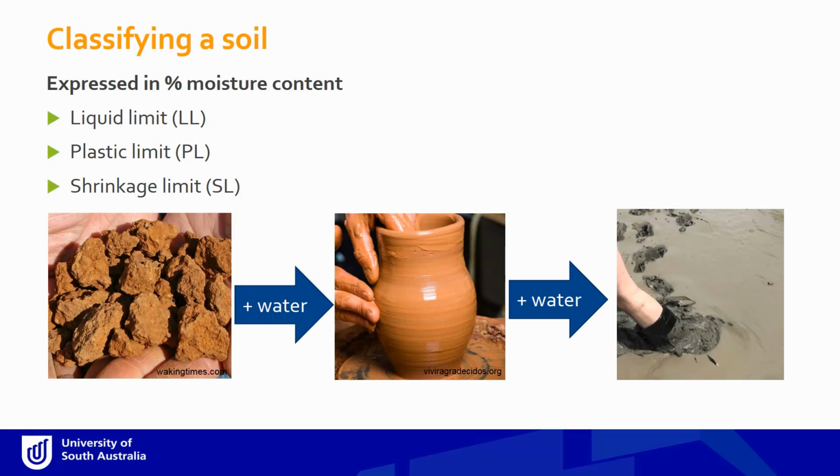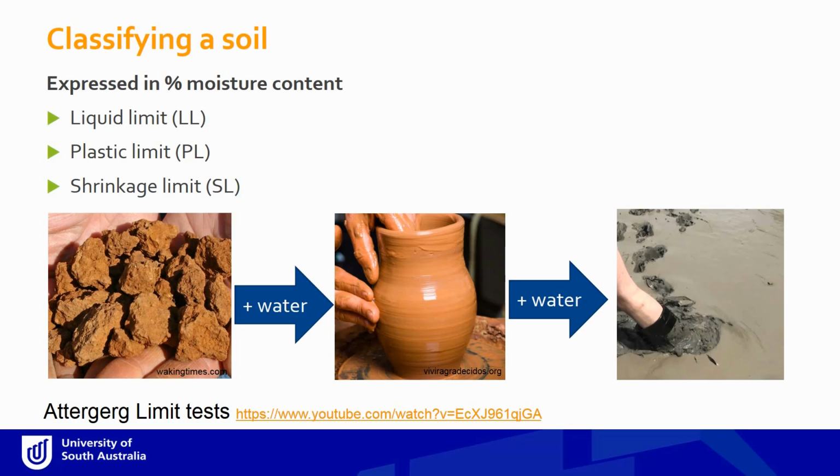See how the soil is transforming from a solid state to a semi-solid state to a liquid state? These things are related to these numbers. Liquid limit is the water content at which the soil starts behaving like a liquid. Plastic limit is the water content at which the soil starts behaving like a semi-solid plastic, and at the shrinkage limit, the soil is very hard.